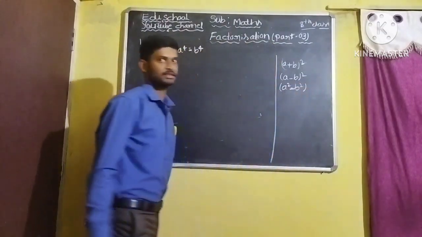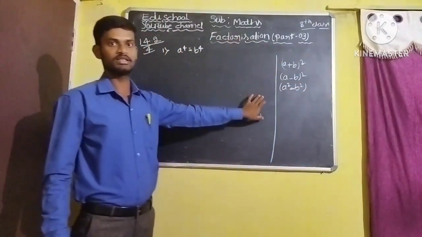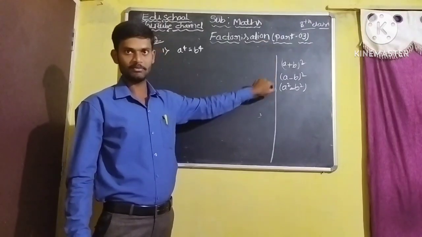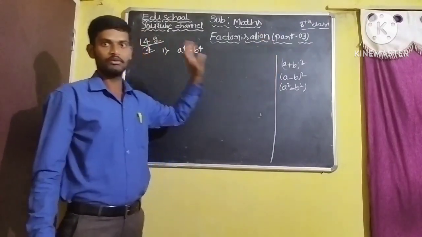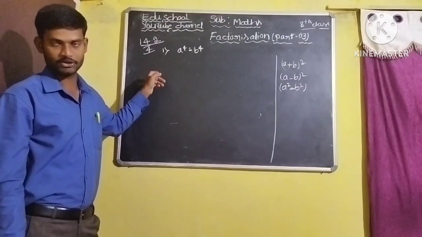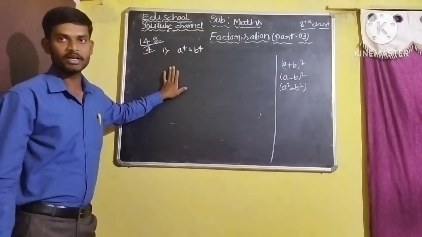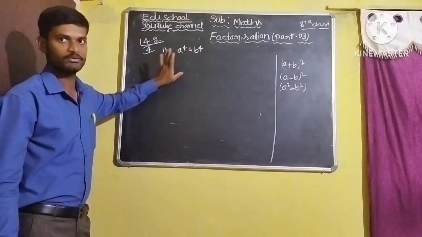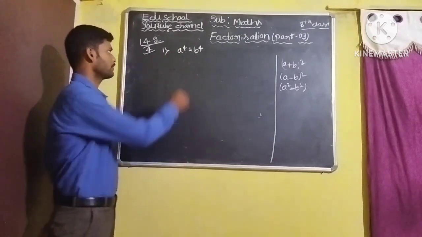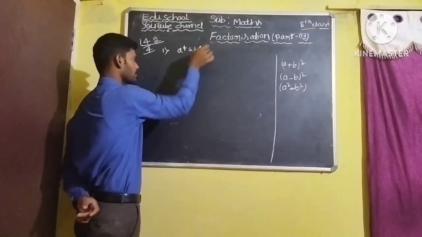We already discussed these three formulas in the last class. Based on these three formulas we can solve the 14.2 exercise. In that exercise we completed up to the third main. Now we start the fourth main. First question is a to the power of 4 minus b to the power of 4.